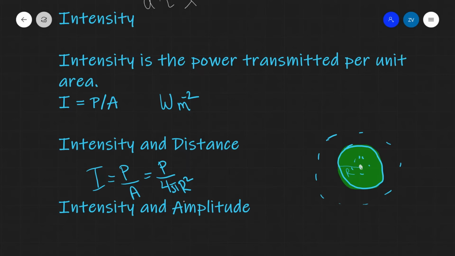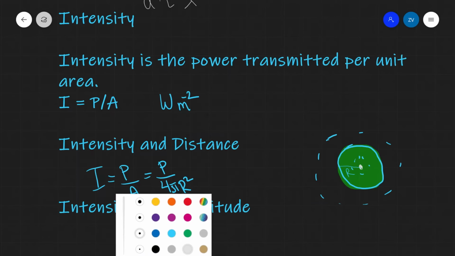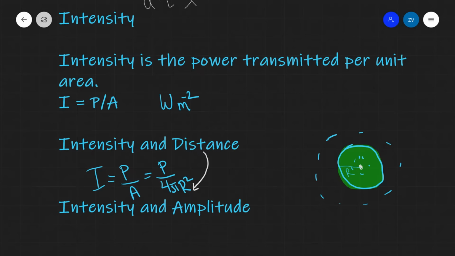Or we could calculate the intensity of the source if we had the power and the distance to the source. It's really important to note that in this case, the distance really is represented by the radius of the sphere. So this r over there is the distance from us to the source.